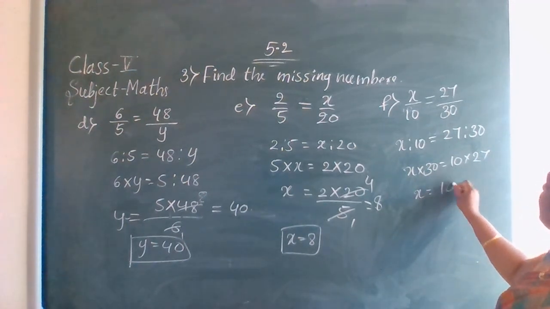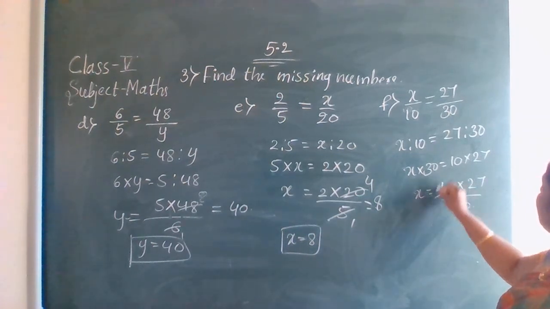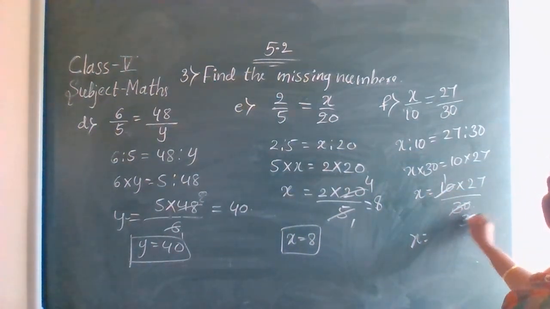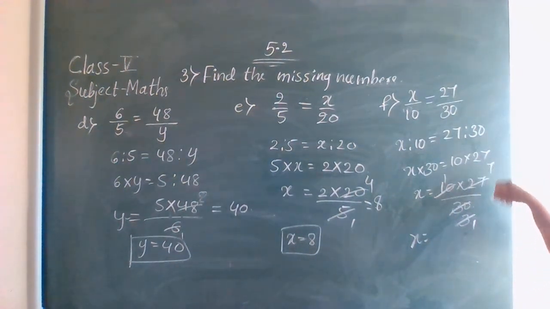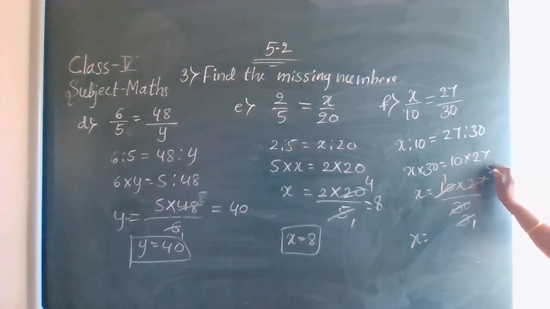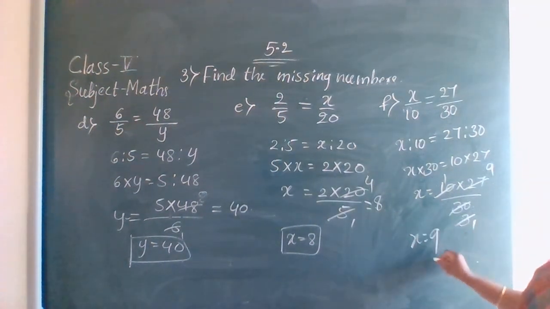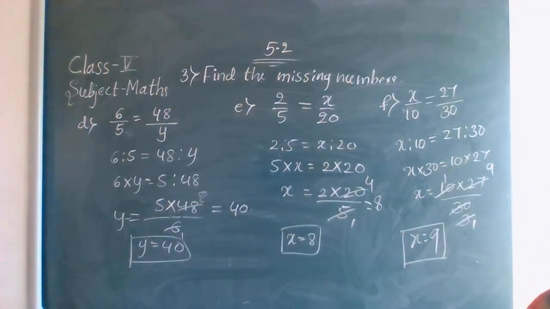X equal to 10 into 27 by 30. 10 ones are 10, 3 tens are 30. Next, x is equal to 3 ones are 3, 3 nines are 27. So x is equal to 9 is the answer.